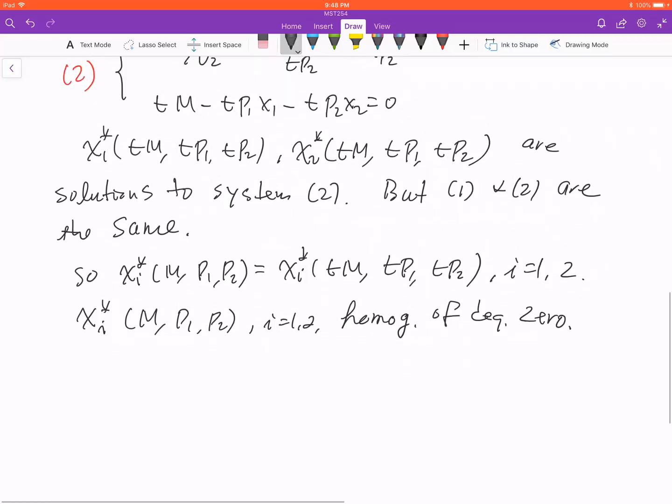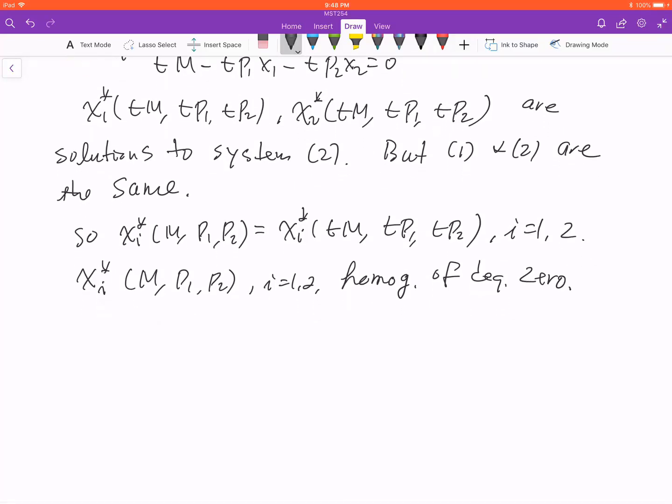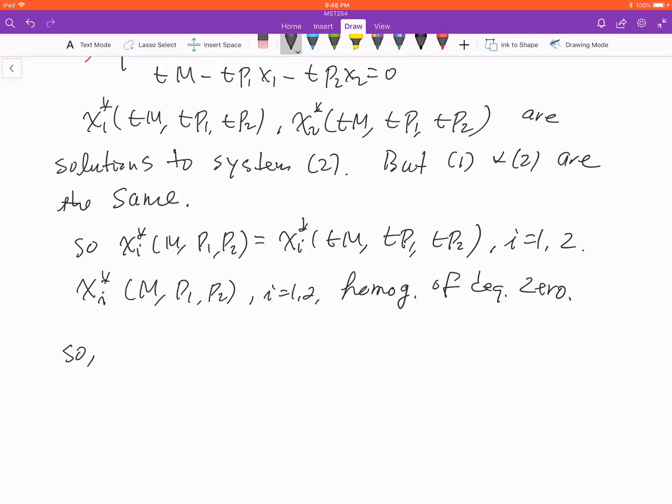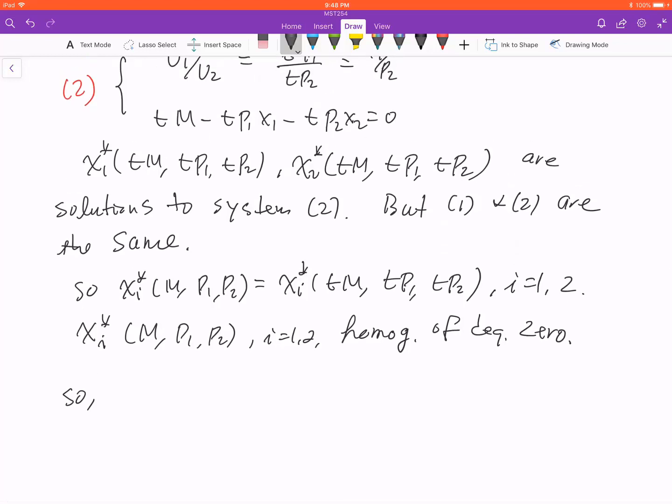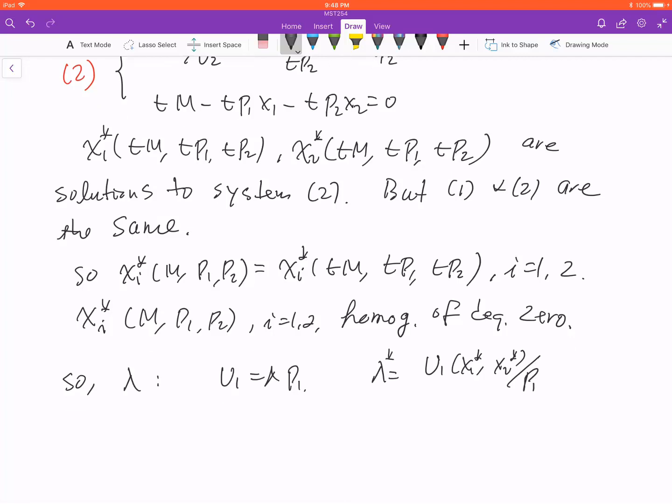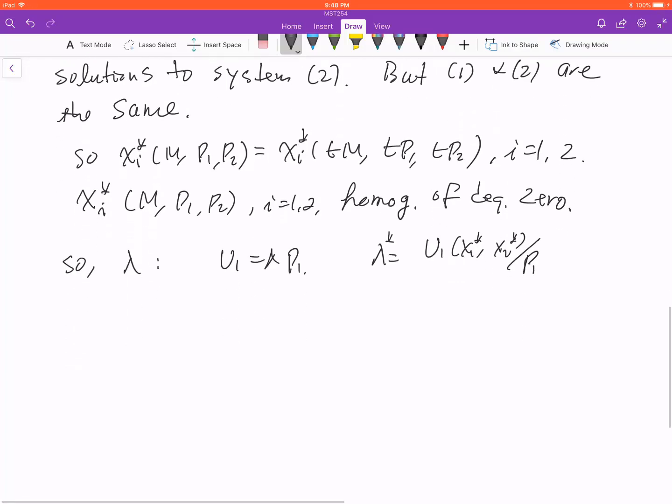Now we can actually show lambda is homogeneous of degree -1. So now we solve for lambda. Because u1 is equal to lambda p1, so lambda is equal to u1 of x1 star, x2 star over p1. To be complete, this is what we have.